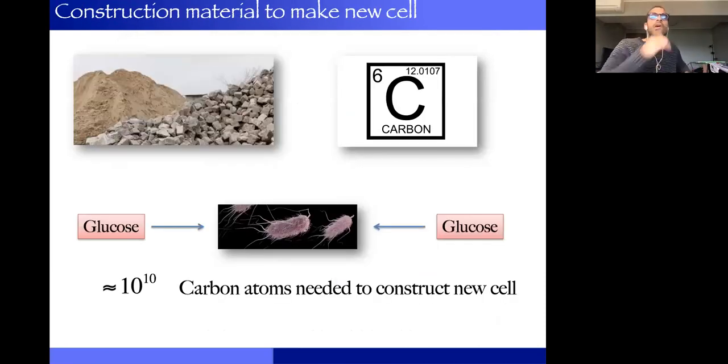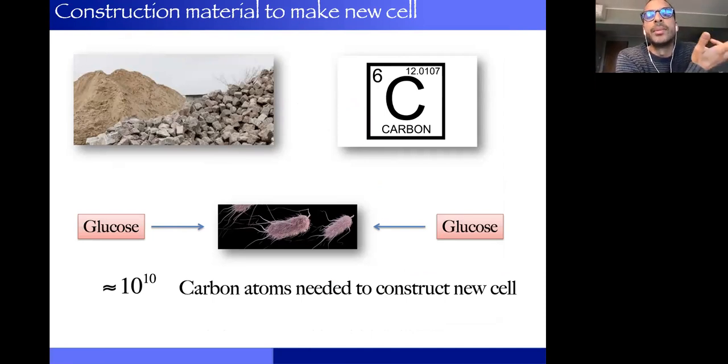Okay, so essentially, well, you all know that the essential building block of proteins or of organic matter is carbon, right? So we're mostly carbon-based species, and so you can think of this as like the construction material.